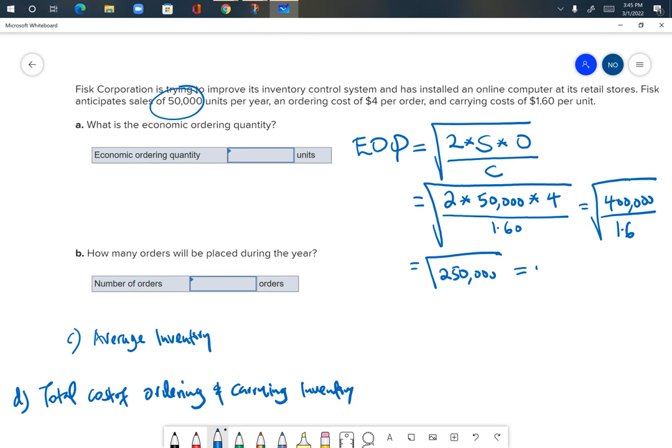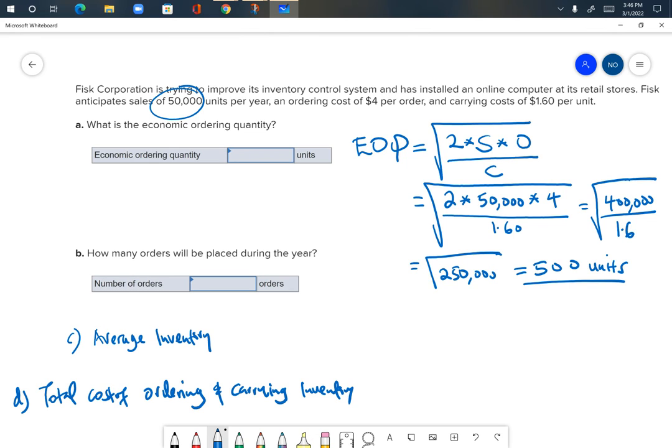So our EOQ is 500 units. Every single time we place an order, we are going to order 500 units. This will be our solution to part A.